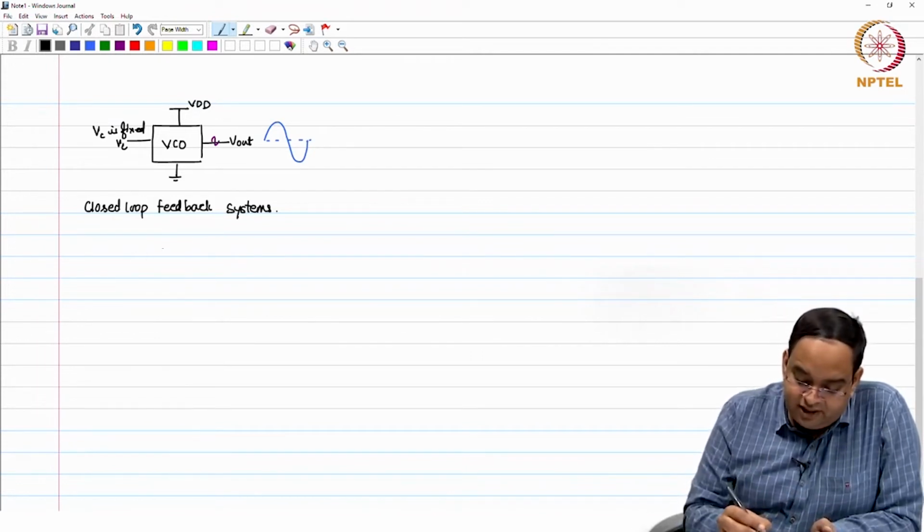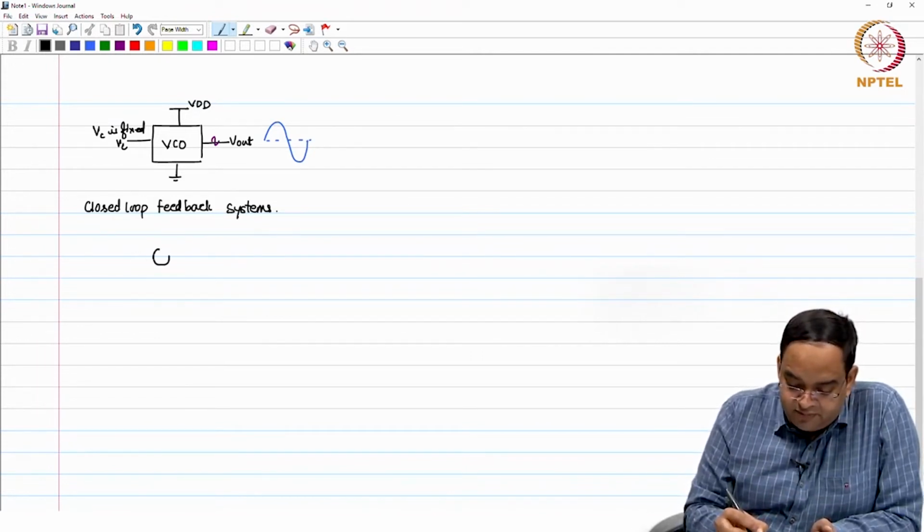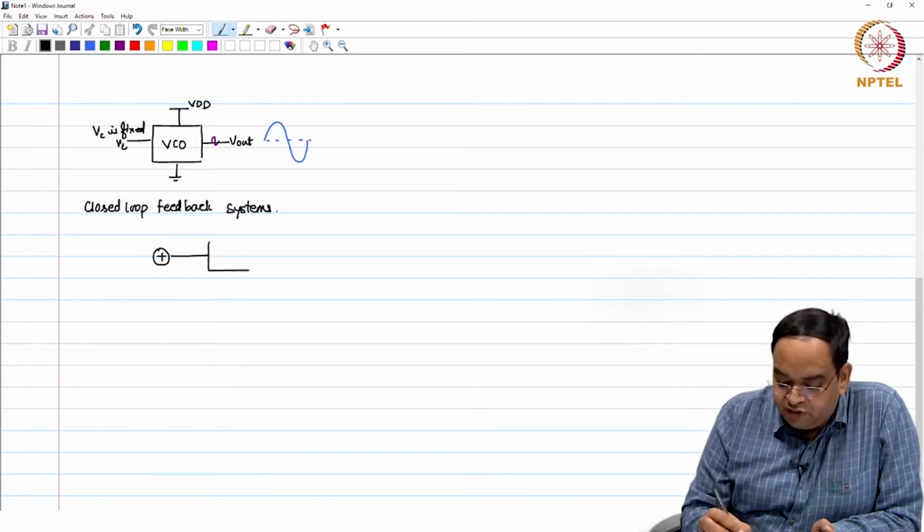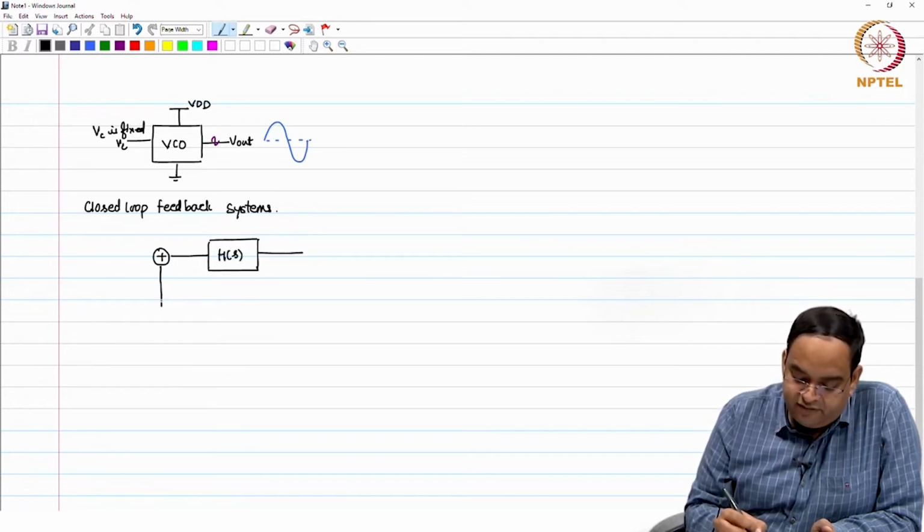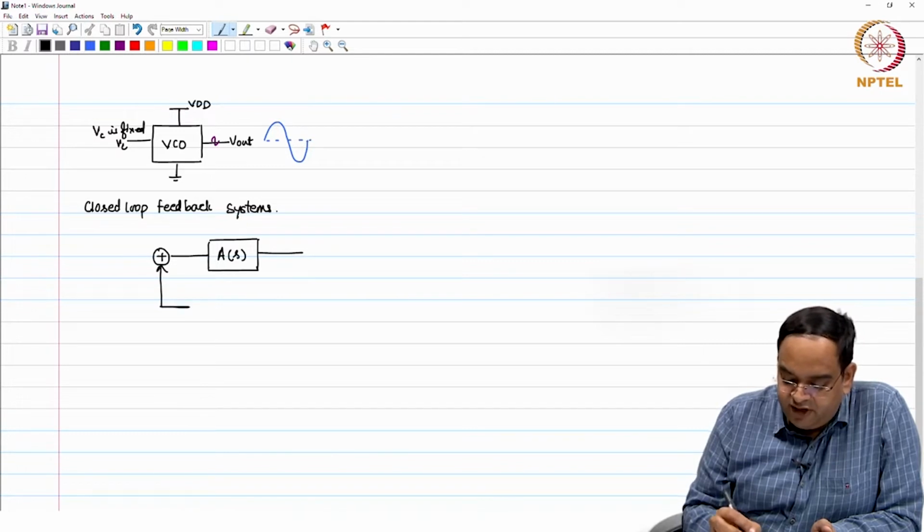So, in general let us draw a block diagram of a typical closed loop feedback system. You have a forward path with gain A of s and you have a feedback path with gain beta of s.